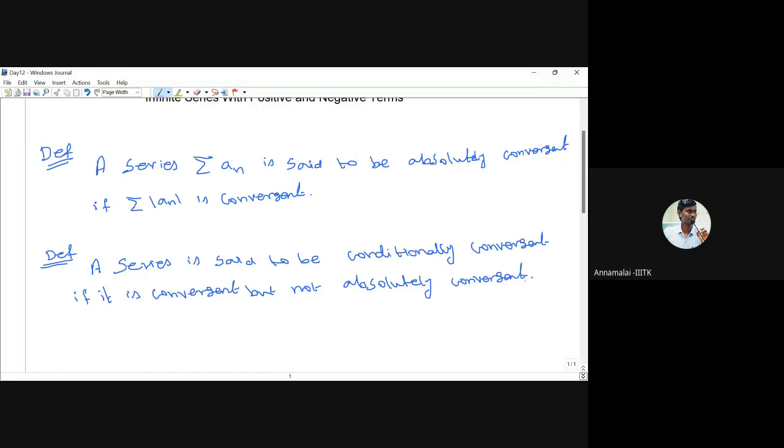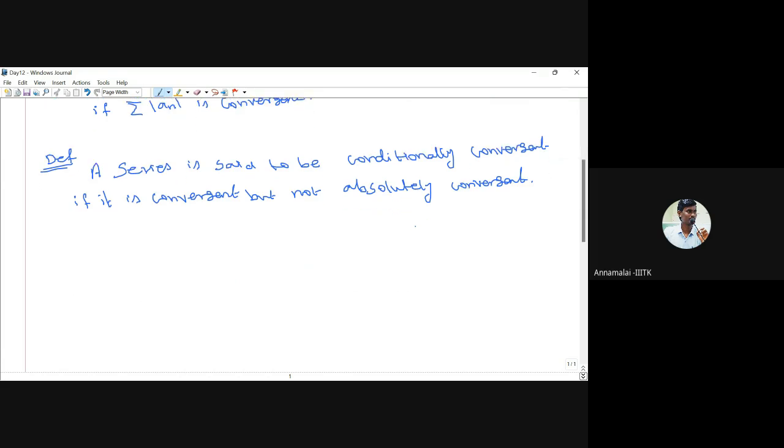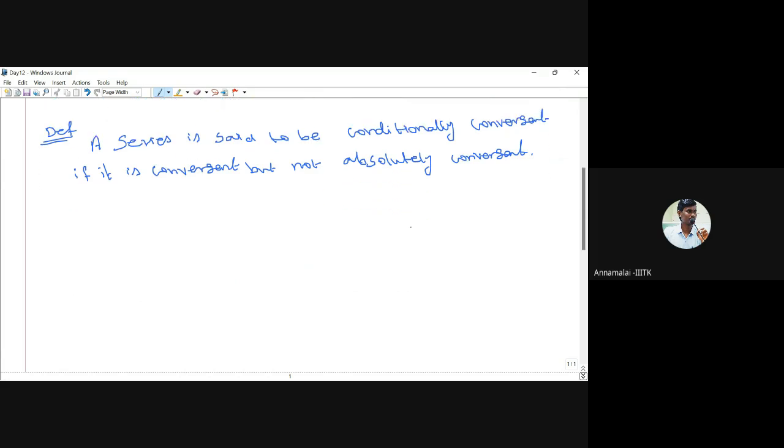Now there is a theorem: every absolutely convergent series is always convergent. So why is that true? Theorem: every absolutely convergent series is convergent.